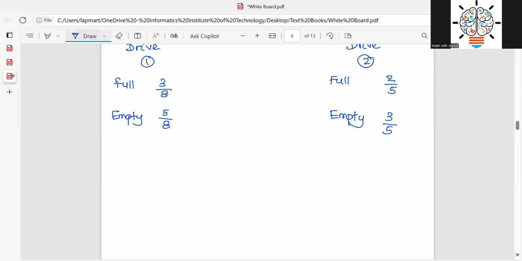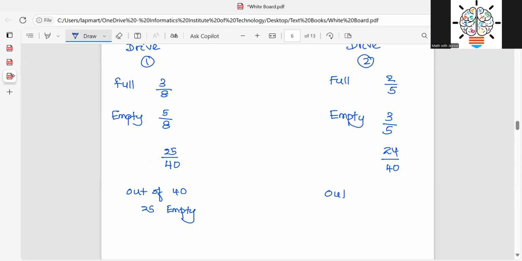So then the empty total, how do you get that? You just imagine. Before thinking about that, here we convert both into the same denominator version, 40 and 40, right? Here it is 25 and here it is 24. Now you just imagine out of 40, 25 empty.